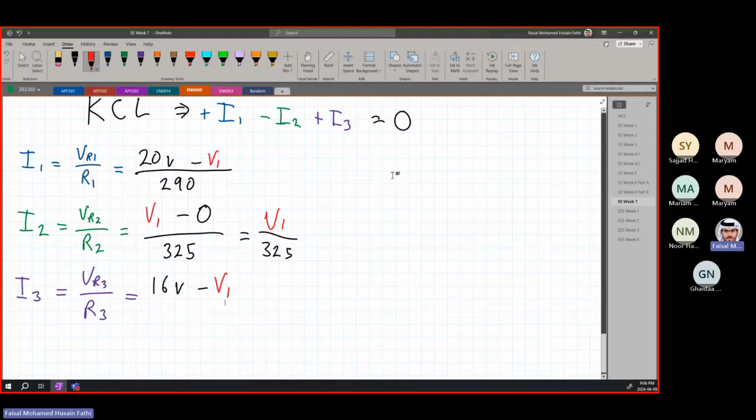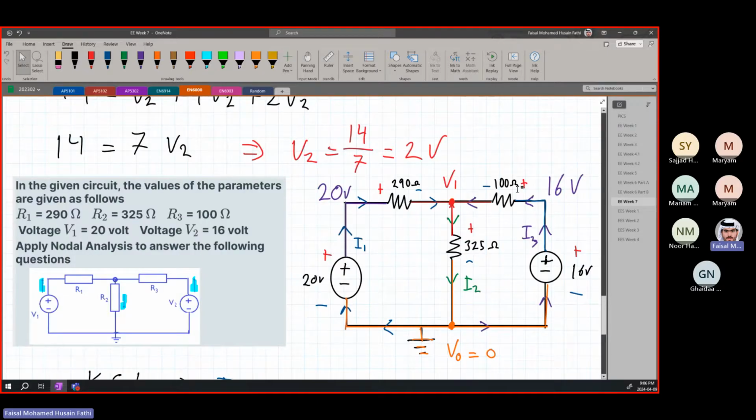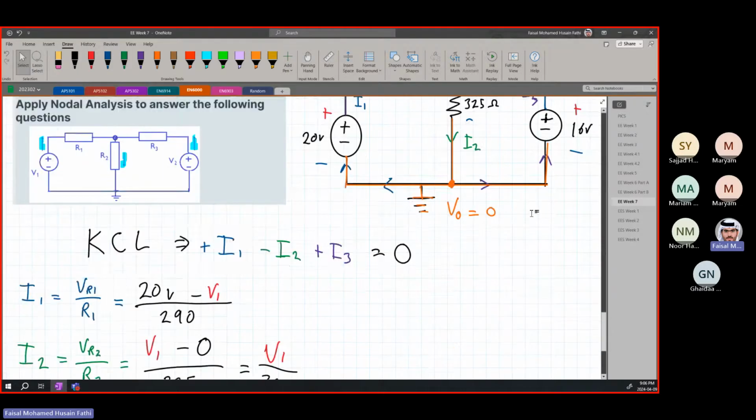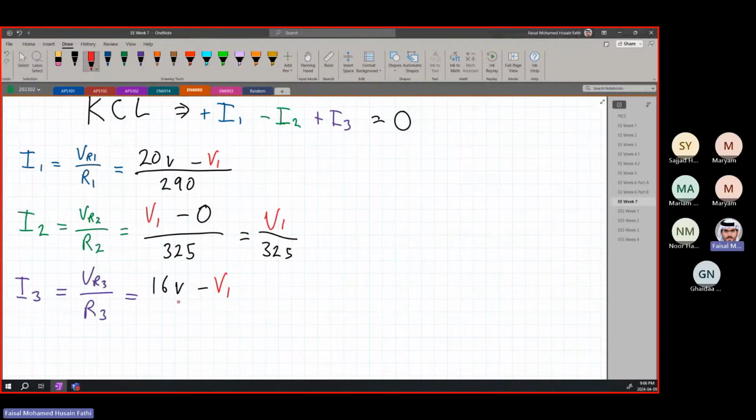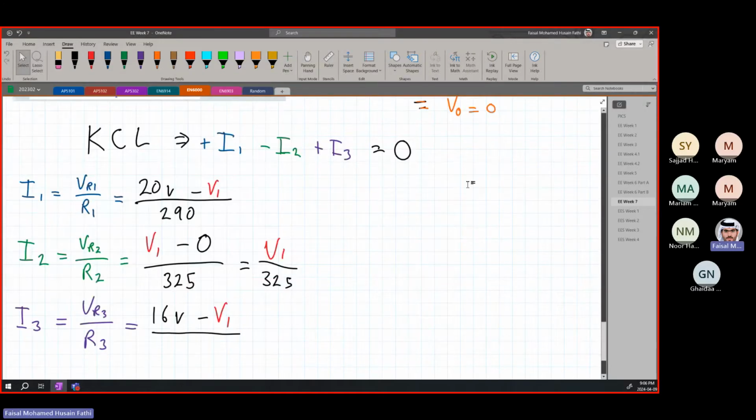Again, I will repeat: the polarity is going from plus to minus, so it's 16 volts on the right side minus V1. This is because we are assuming the current is in that direction. It all depends on our assumption. If we assume the opposite, it is fine, nothing wrong with it. But we need to make sure we're following the signs as we are assuming them. It's going from plus to minus, so we do 16 minus V1 all over our resistance. What is it? 100 ohms.